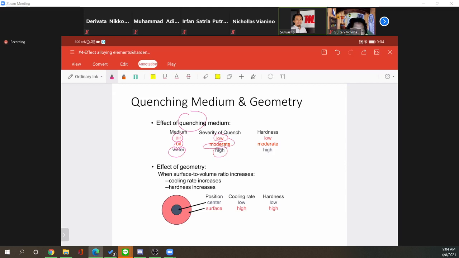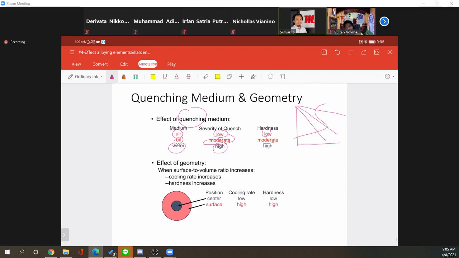So if you want a cooling rate like that, you should use water. If you want it here, you should use oil. If you want it a little bit slow, you can use air. And then hardness, of course, is low, then moderate, and high.